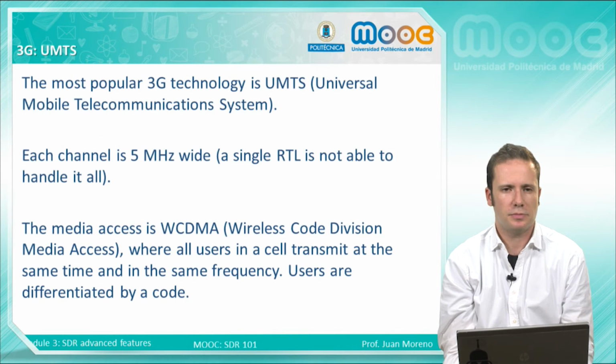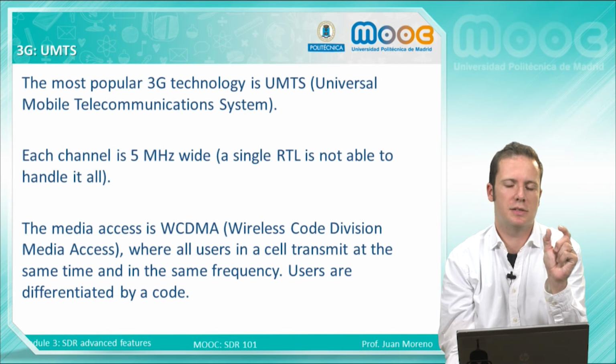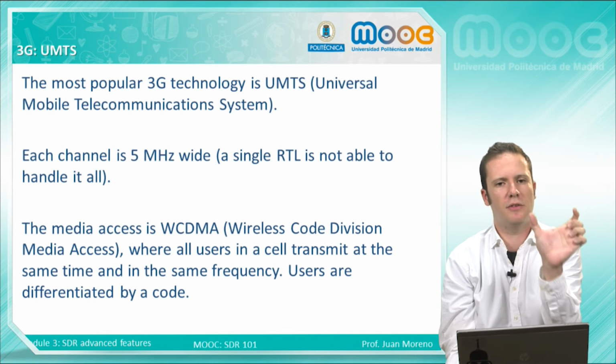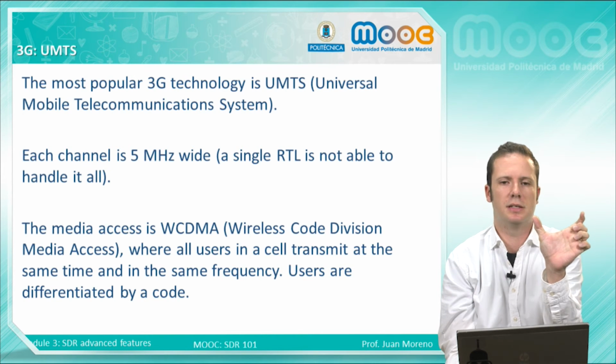The third generation, which is also very common all around the world, is UMTS, the Universal Mobile Telecommunication Systems. This technology is very different from GSM. Here each channel is 5 MHz wide. So in GSM we have 200 kHz for each channel, and here we have 5 MHz.